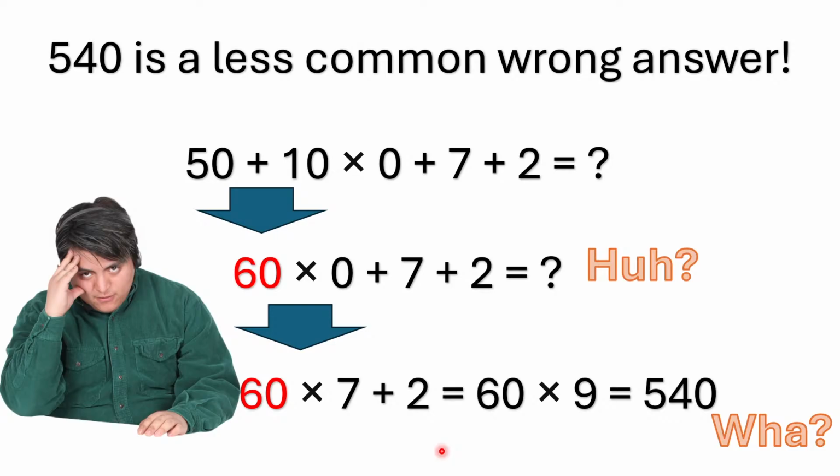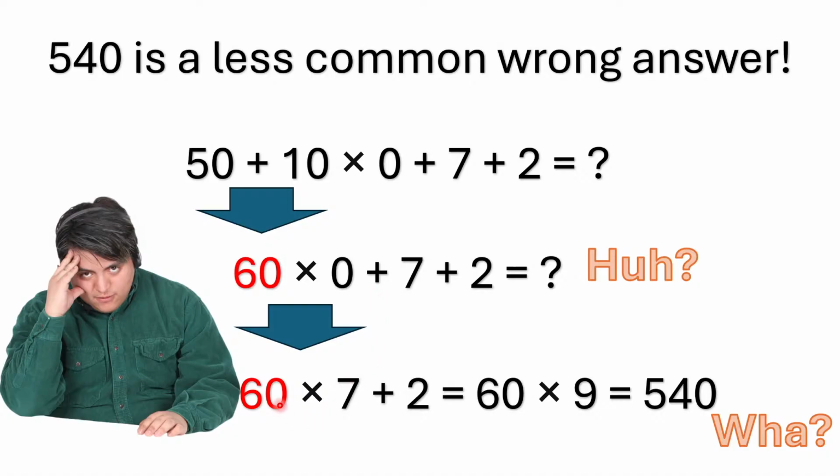540 is another common incorrect answer here that I've seen a lot. This one's really kind of strange. People will take 50 plus 10 and get 60. Then they're taking 60 times 0, and I guess they're winding up with 60.